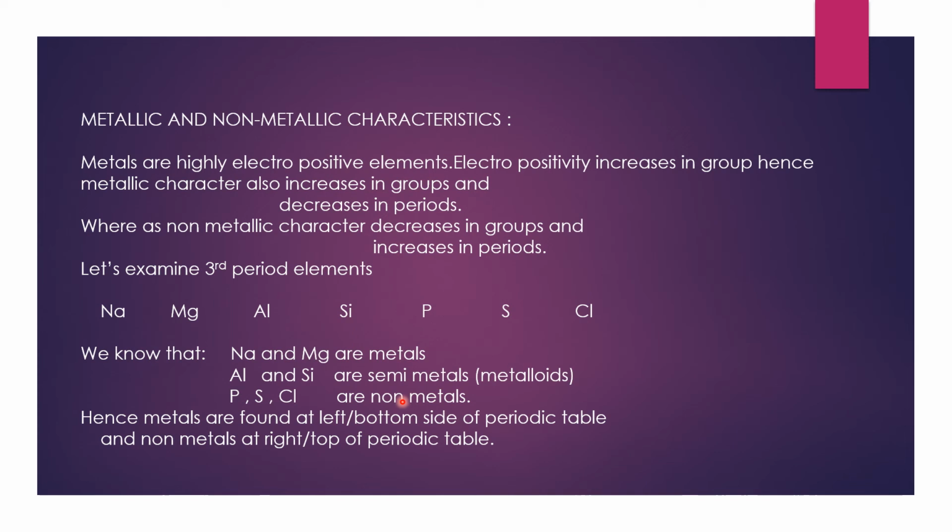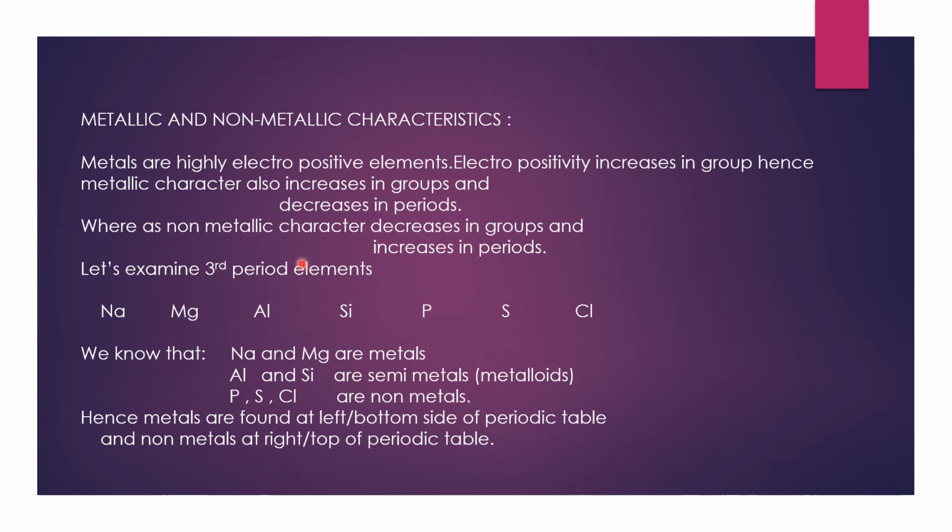The elements on the left side of the periodic table are metals, those on the right side are non-metals, and between them are the metalloids.